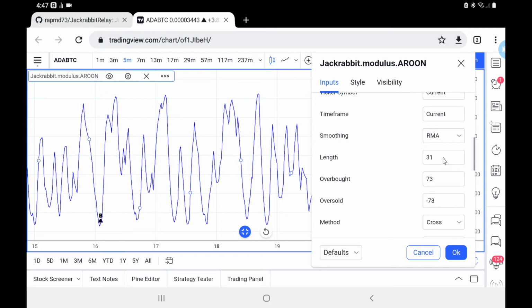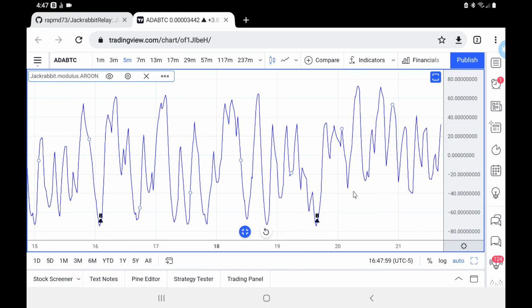But 31 is definitely unusual, and my boundaries for purchasing and selling are at 73. So this is very much a standout compared to most indicators or equations. Tongue-tied there.